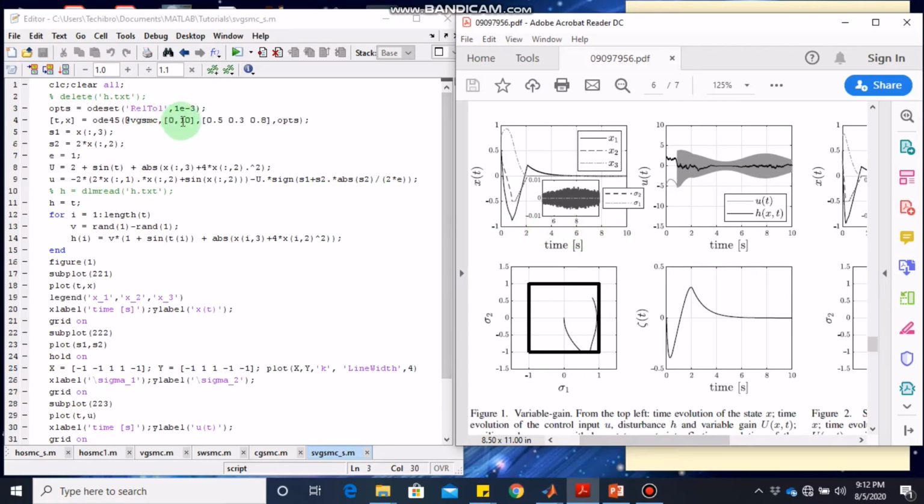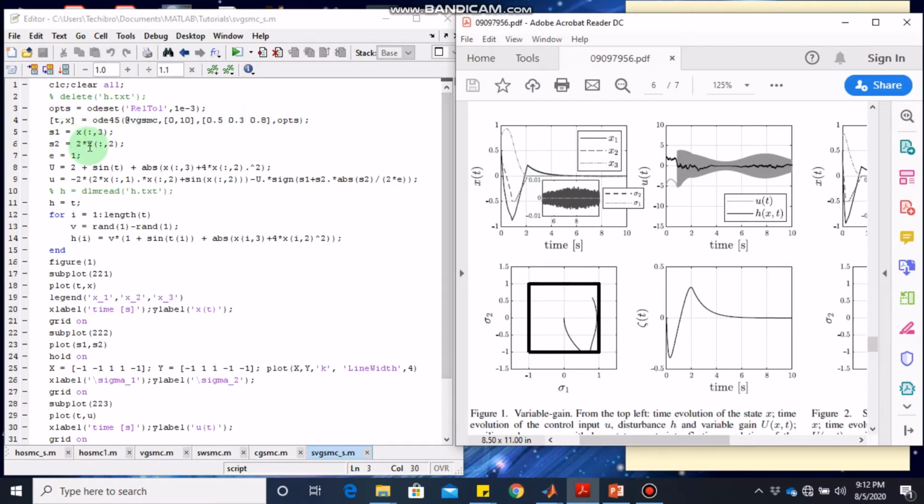Initial conditions are not given in this paper, but by closely looking at these figures you realize that this is the curve for x1. So x1 is probably initial value 0.5, and this is x2 initial value 0.3, and this is x3 initial value 0.8. I've just guessed these initial values from these figures. These are not given in the paper.